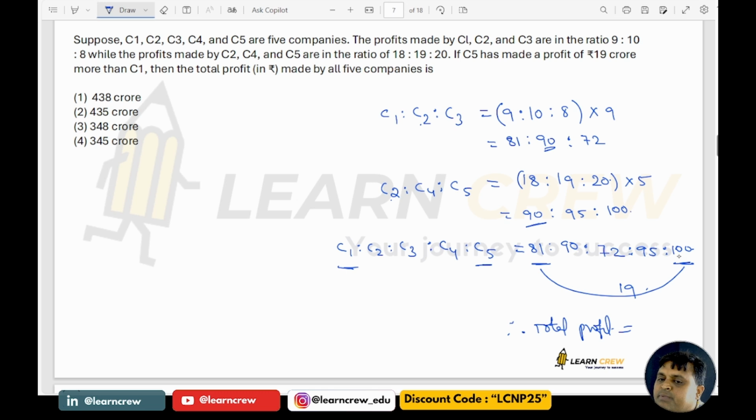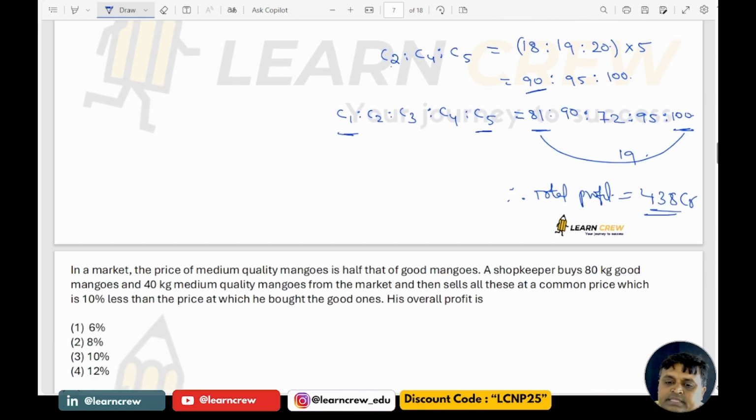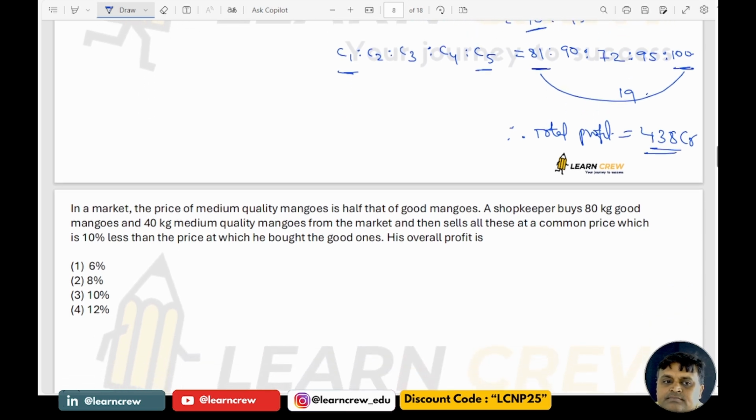If you add, 81 plus 90 is 171, 171 plus 72 is 243, 243 plus 100 is 343, 343 plus 95 is 438. So the answer is 438 CR. Option 1 is correct.